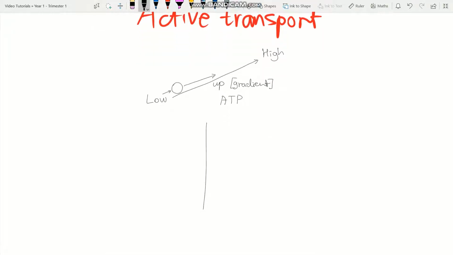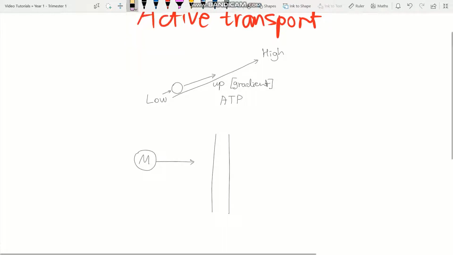So if we have our plasma membrane here, and a molecule wants to pass through it, then if we have, for example, a particular method of transporting the molecule that requires ATP, then once ATP binds to this site, the molecule will be able to pass through.